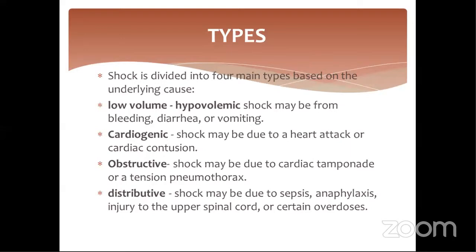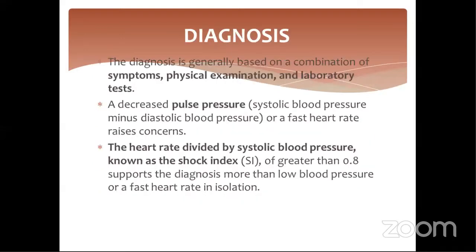So how can we diagnose shock? It is a combination of symptoms, physical examination, and laboratory tests. Generally, what is pulse pressure? Systolic blood pressure minus diastolic blood pressure. Decreased pulse pressure or a fast heart rate raises concerns.